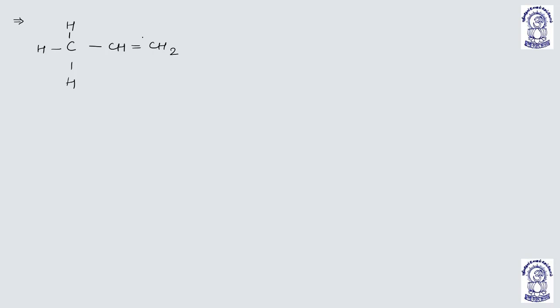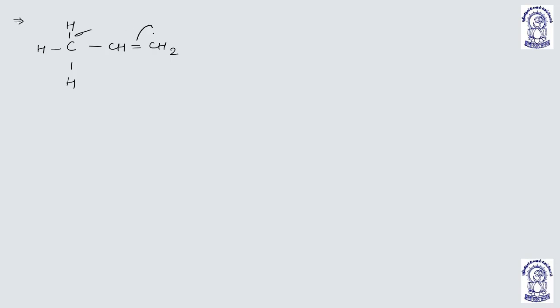Now, this pi bond alternates with a group having a carbon hydrogen sigma bond. That's important: a pi bond or a positive charge or a free radical should be in conjugation with a carbon hydrogen sigma bond. This is the carbon hydrogen sigma bond.